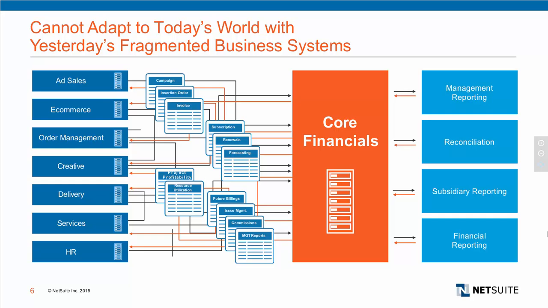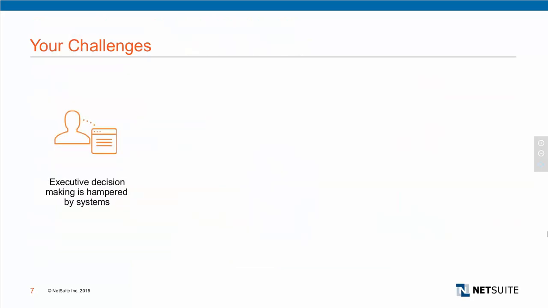And as an output from that financial tool, we'll see management reporting, reconciliation requirements, and subsidiary reporting that are all quite challenging as a function of the business because of the complexities of the core processes that go through all of these different silos. So what do we do about that today?